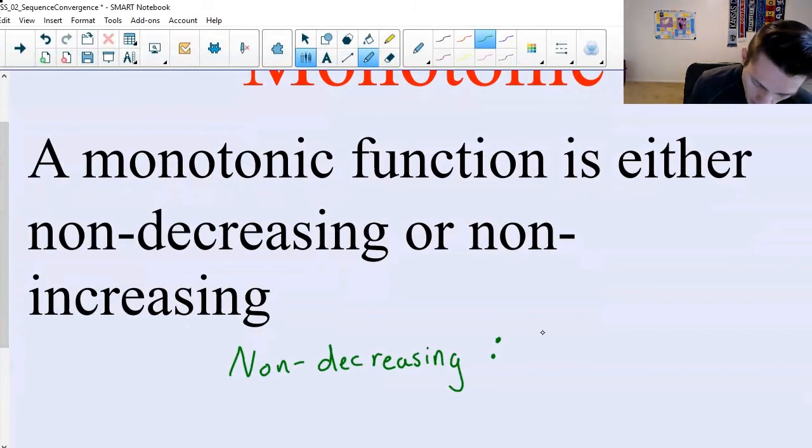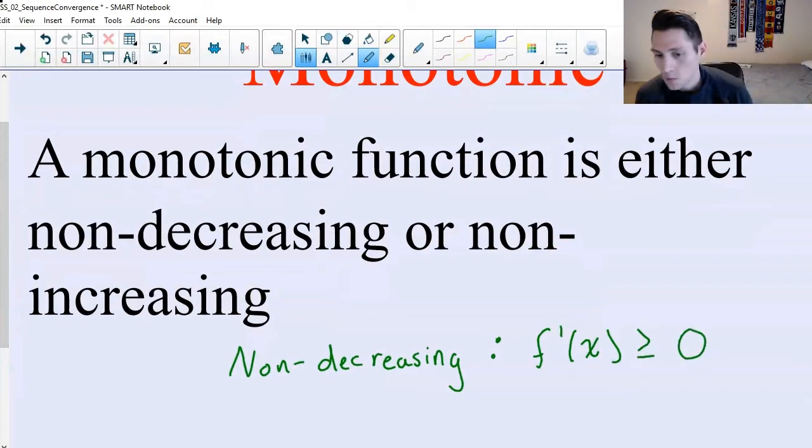So for a non-decreasing function, what that means is the derivative will always be greater than or equal to 0.